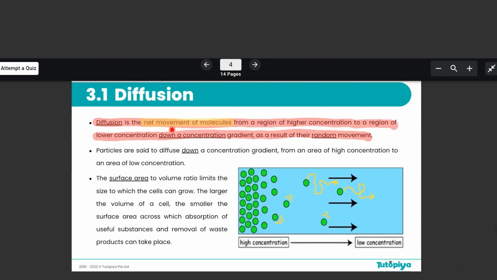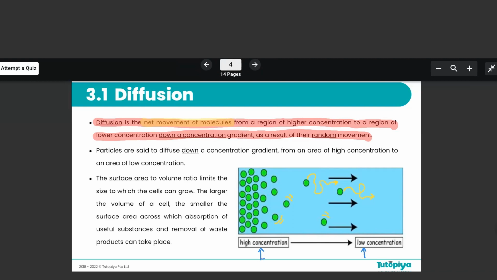All right. So let's get back to our definition. Diffusion is the net movement of molecules from a region of higher concentration to a region of lower concentration down a concentration gradient. Now, what exactly does a concentration gradient mean? You see, this region is the region having high concentration, right? And this region is the region showing low concentration.